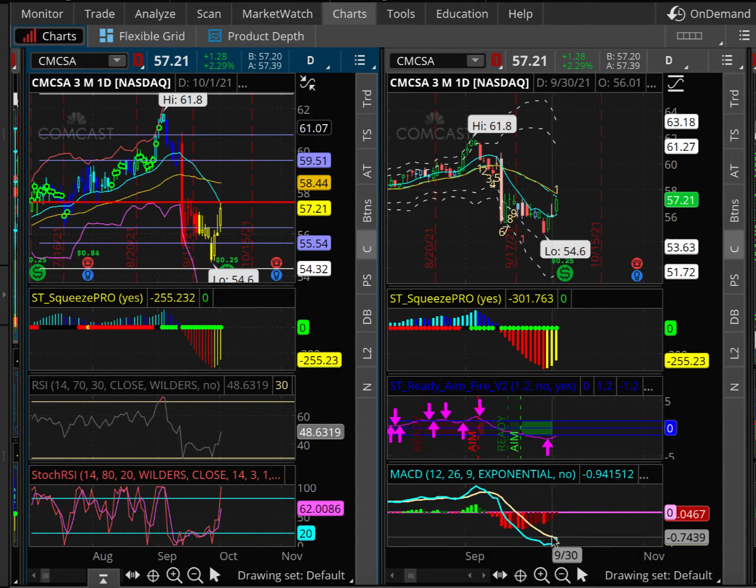Now, how do we know if that's going to just continue going up or hit some level of resistance and turn back down? Well, then I'm going to look at the stochastic RSI. Now, the stochastic RSI is telling me that we're getting close to another level of being overbought.